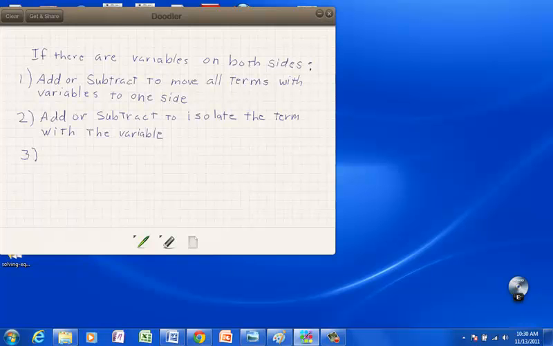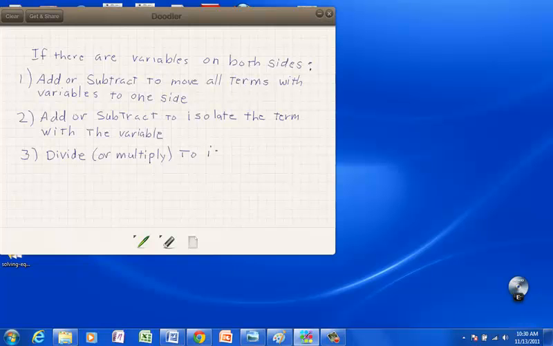And then the third step, when we just have an expression like 3B left over, is to multiply or divide, usually divide. To isolate the variable itself.